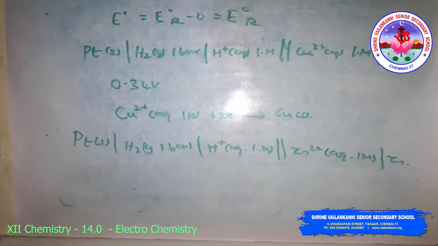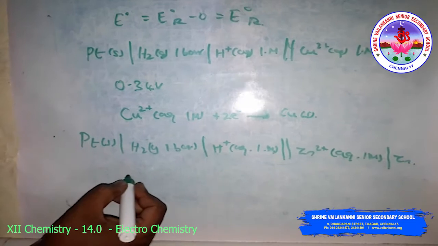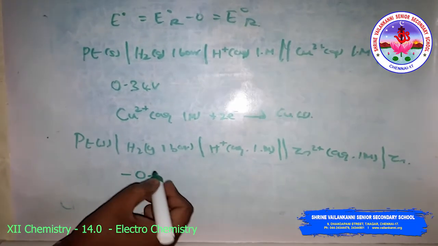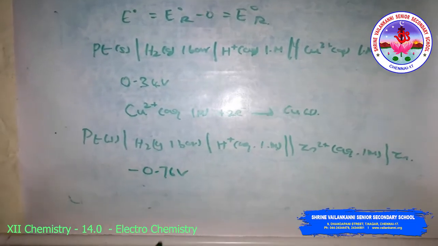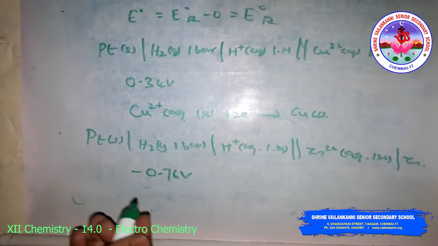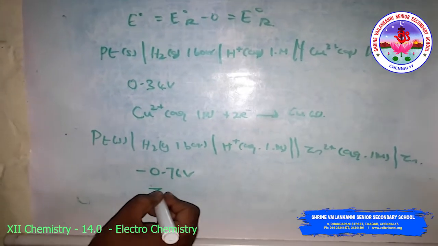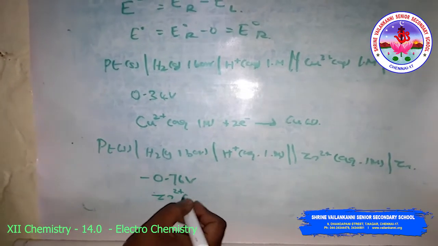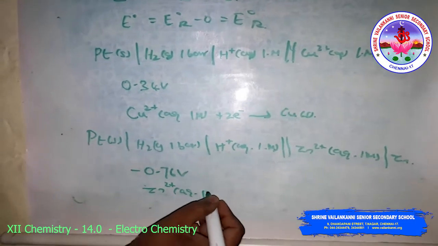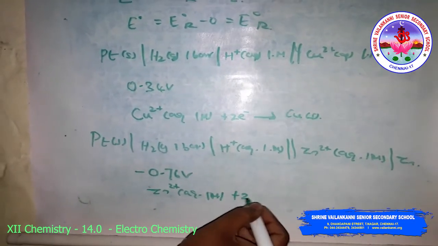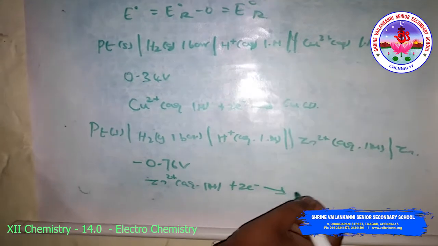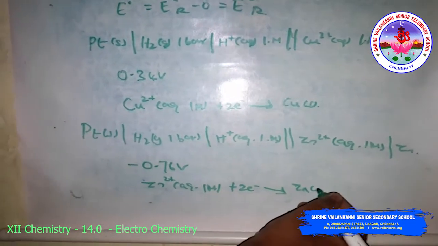Here this is the salt bridge. The measured value is minus 0.76 volt, which corresponds to the standard electrode potential. So Zn2+(aq), 1 molar, gains 2 electrons and is reduced to zinc.